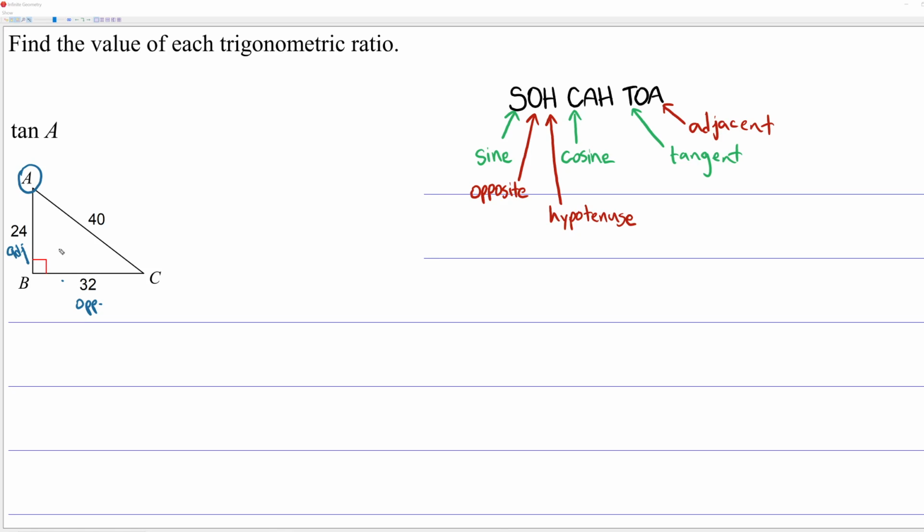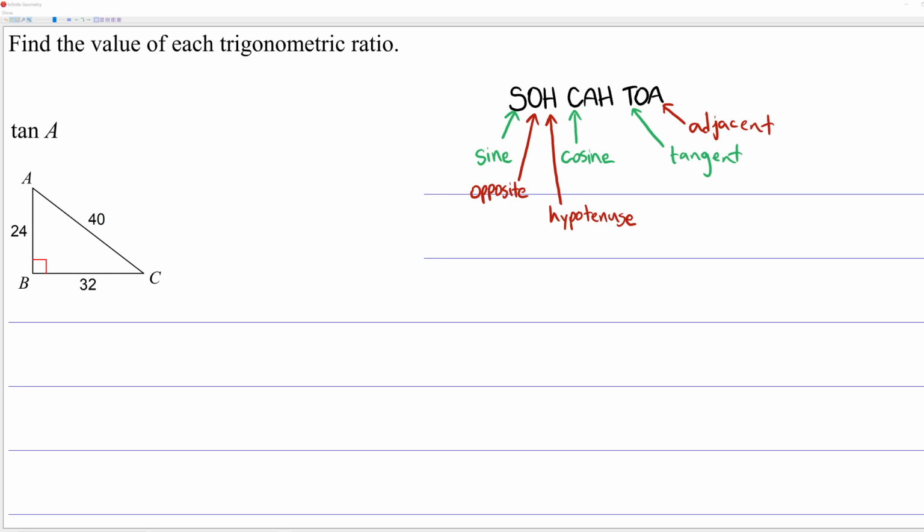So the tangent of angle A is 32 over 24. Again, reduce your fractions since both of those numbers are divisible by 8. The tangent of angle A is 4/3. I think I have a few more examples, but that's really all there is to it.